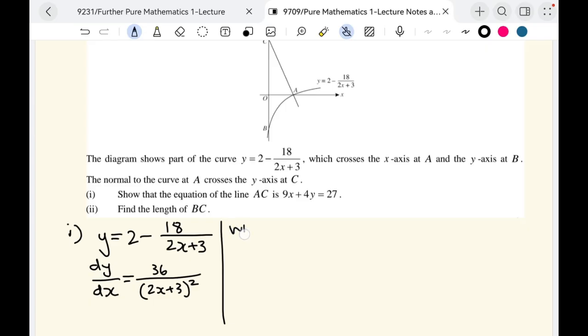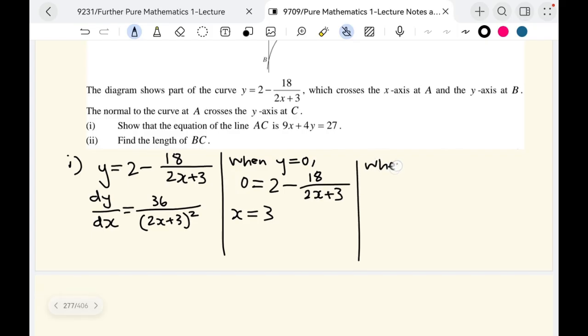So when y equals 0, what will be your x coordinate for the A? It's 3. Okay?